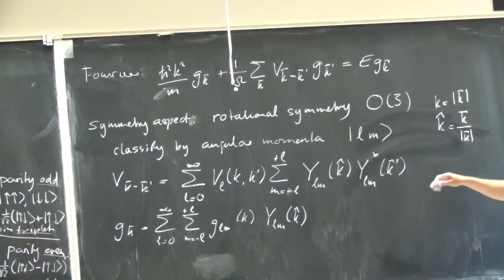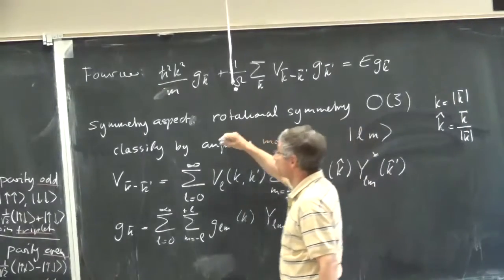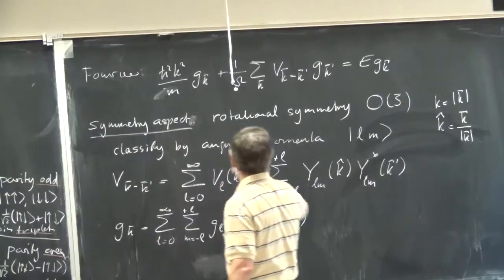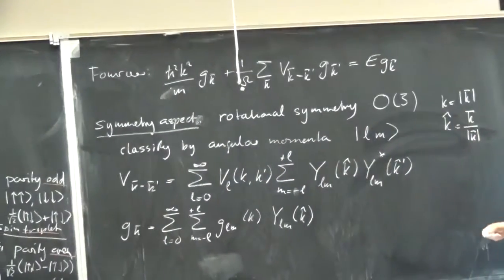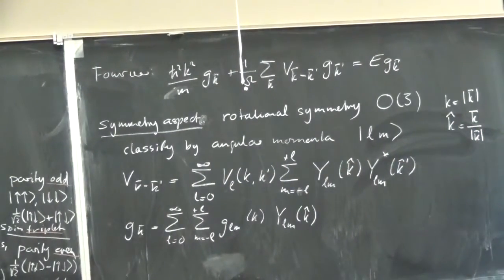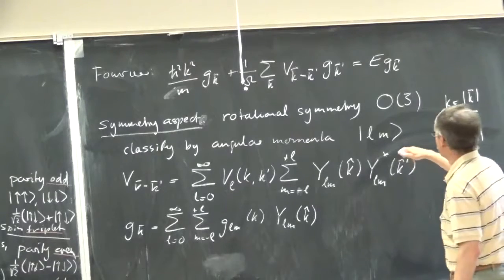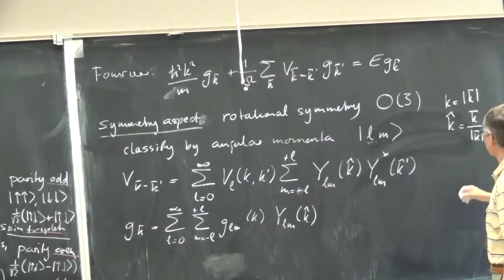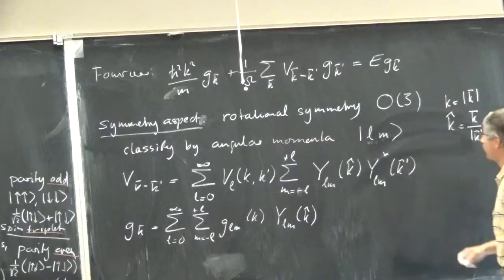Now, of course, you know in a system with rotational symmetry, the eigenstates of such a problem will be eigenstates of the angular momentum. So we will be able to represent them in this form here.